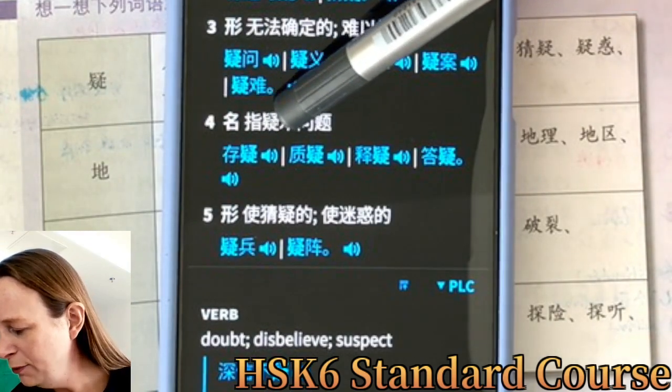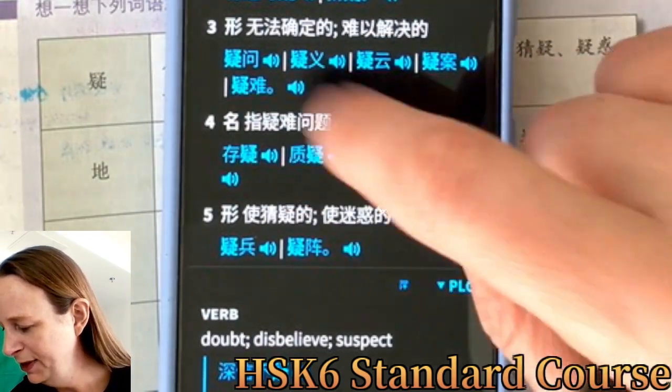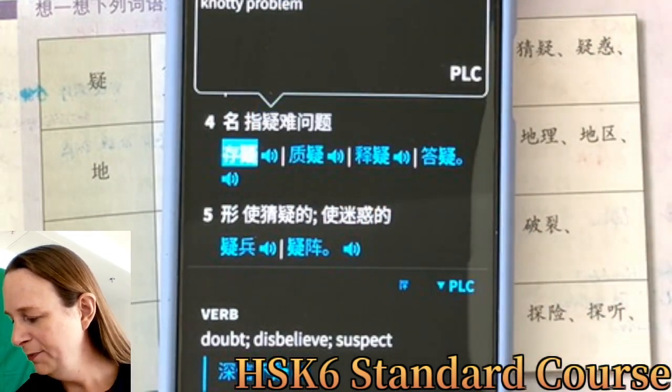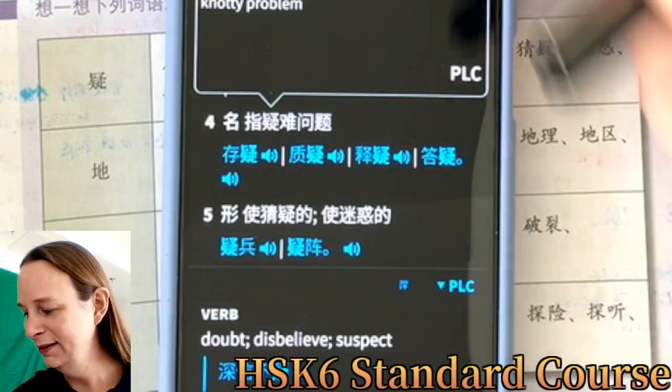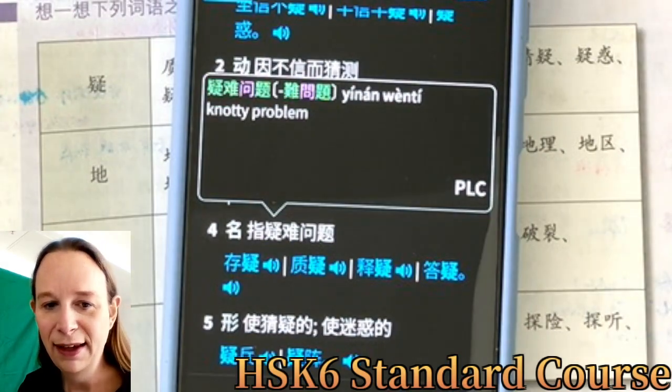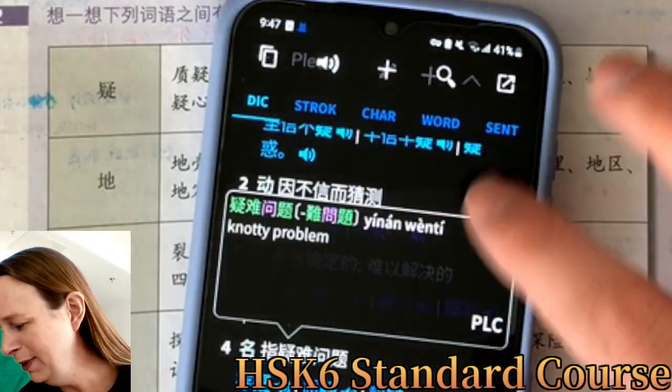这疑难问题 What is 疑难? Whoops. 疑难问题 I didn't know this word. 疑难问题 I say 棘手问题.